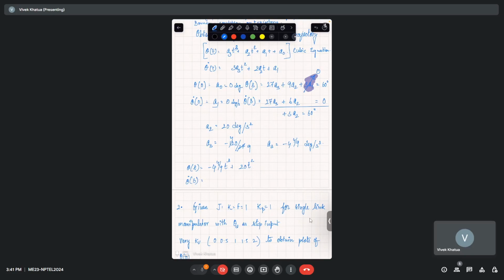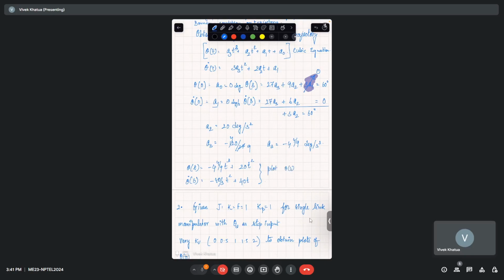So I can directly do it here. Minus 40 by 3 t square plus 40 t, right? So you need to plot this in MATLAB. You're asked to plot this. This is a subjective question, right?